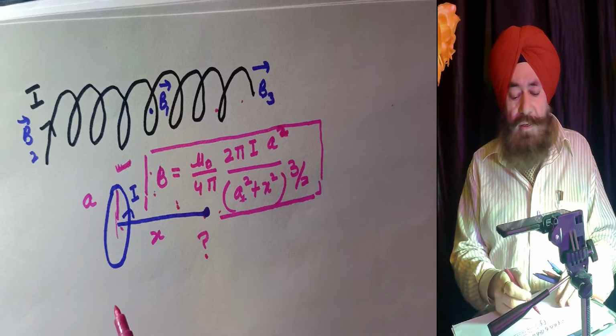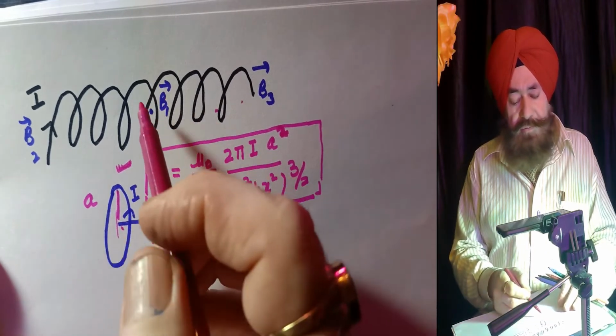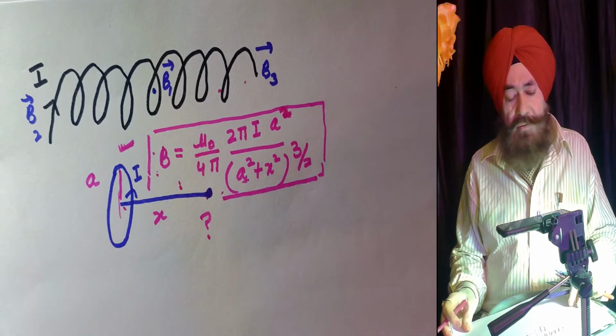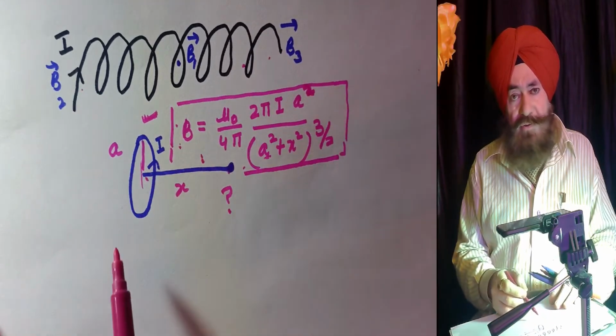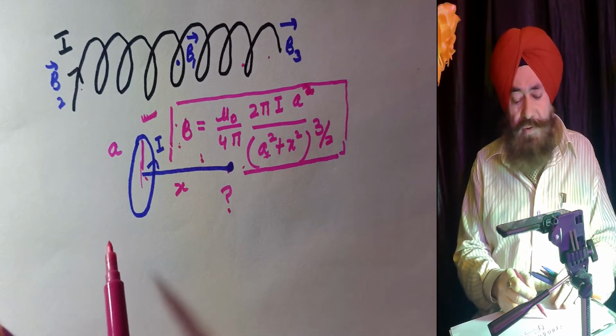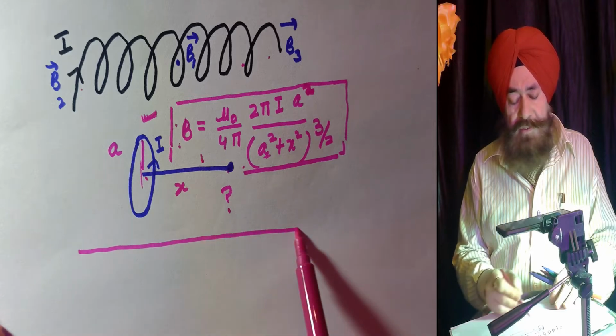Now, I represent this coil or solenoid like this.